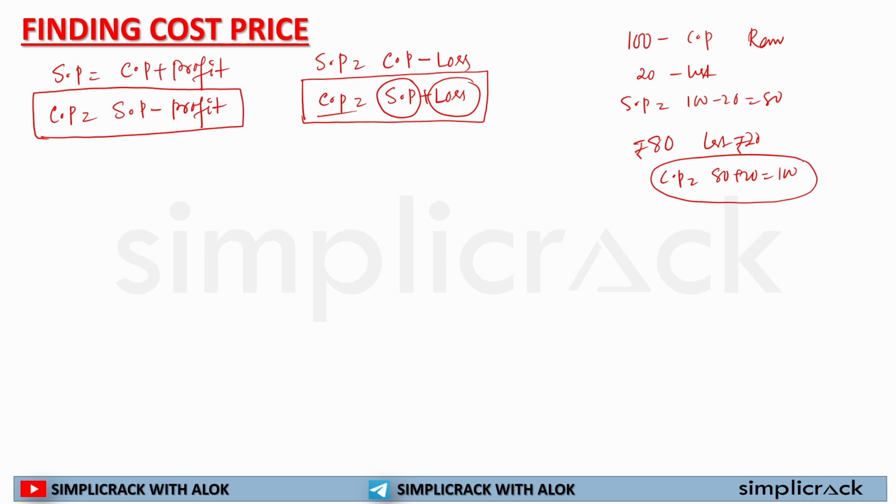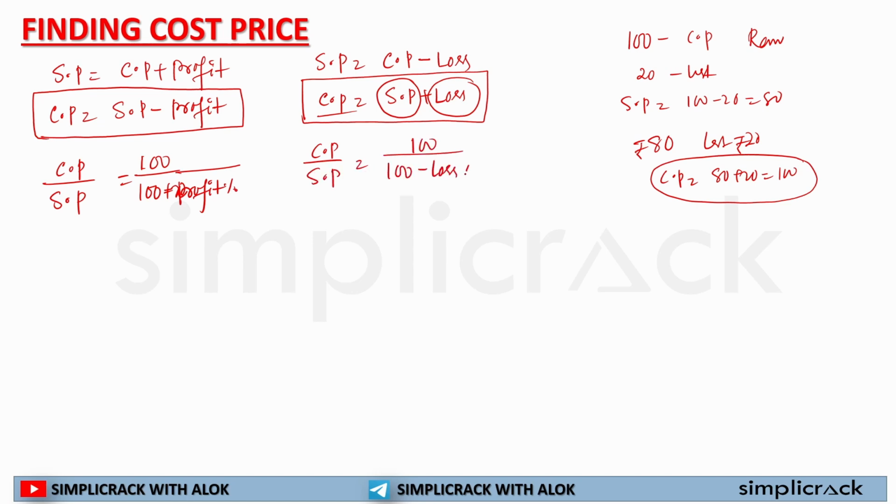But we will go one step ahead. And what is that? Sir, we learned in the last class, cost price divided by sales price is equal to 100 divided by 100 plus profit percentage, and cost price by selling price is equal to 100 by 100 minus loss percentage.